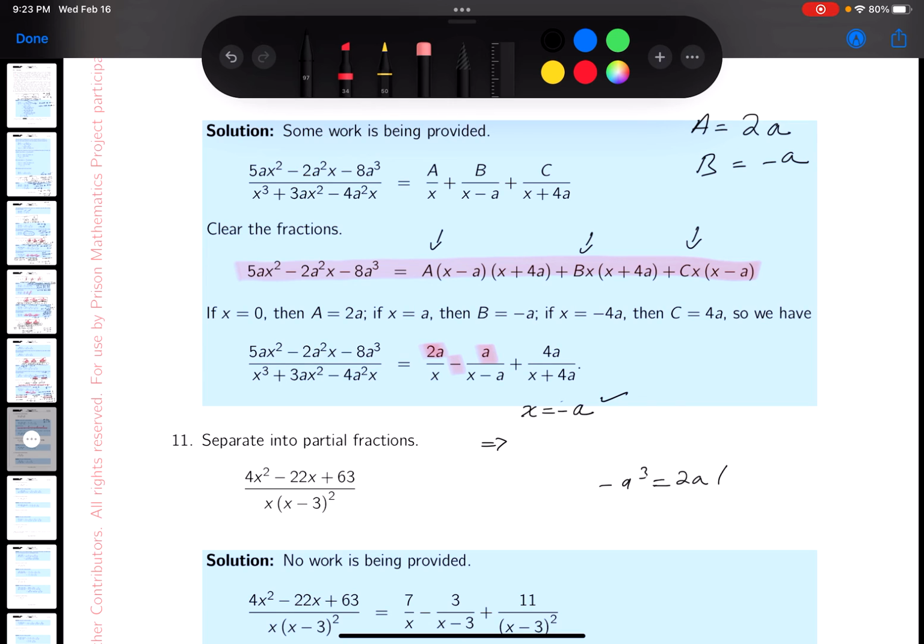So that's going to give you minus 2a. And then what are you going to get? You can get 3a. Well, I'm going to write the next term down. And do you know what B is? Yeah, it's minus a. Right? What's x? It's minus a. What's x plus 4a? Well, if x is minus a, I get 3a.